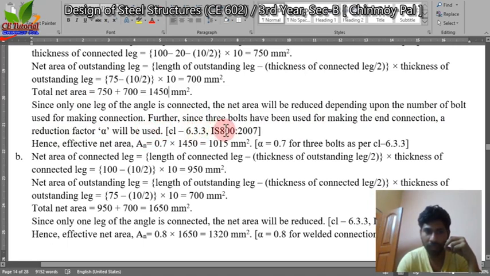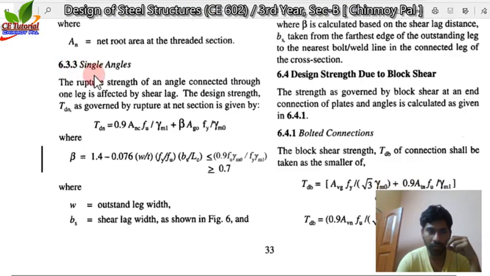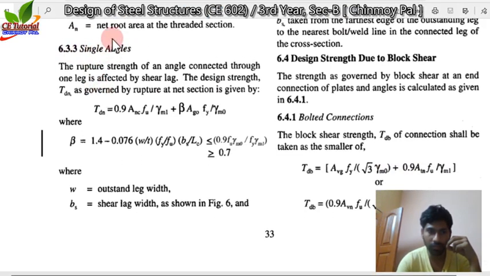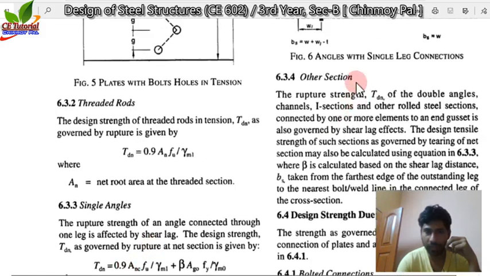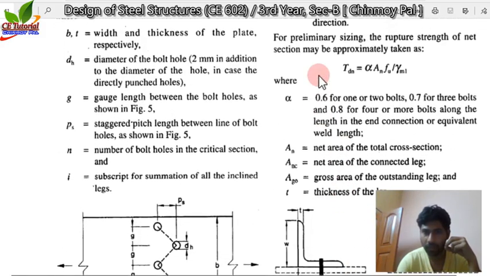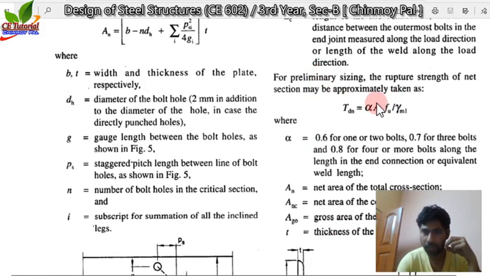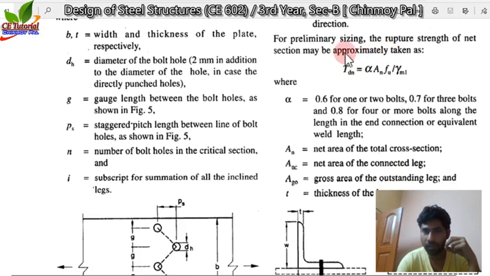According to IS 800 clause number 6.3.3, according to this clause, we are calculating the net effective area where we can use this alpha. Approximately, when we are going to calculate the approximate section, we can use alpha.